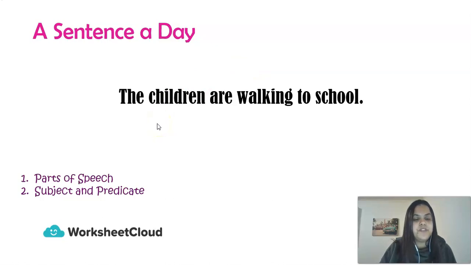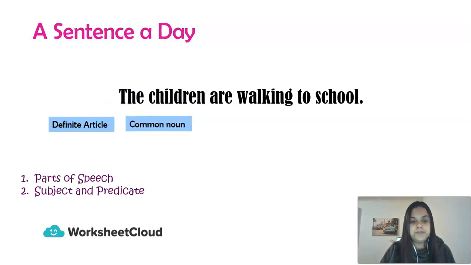Okay, so the first answer is a definite article. The word the is a definite article. Children is a common noun. Are is an auxiliary verb. Now, some of you will notice that we have done verbs recently, and the auxiliary verbs were the type of verbs that we focused on in that lesson.